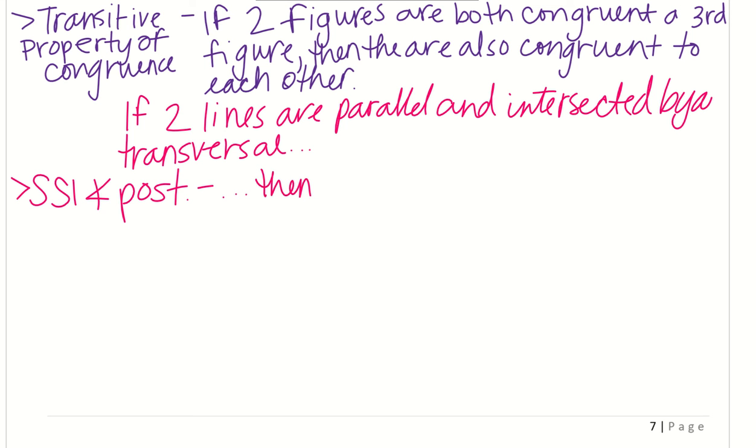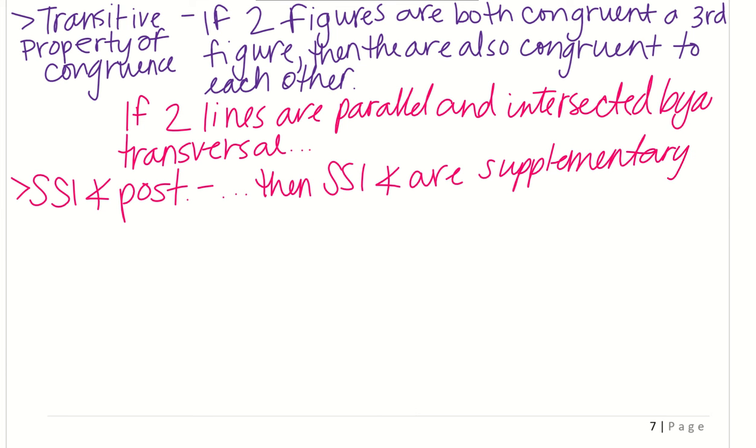Then, remember, same side interior angles are supplementary. Which I know we know from the definition and from just naming them on the notes from Tuesday, but we have to have it in a formal postulate to be able to use it in a proof. So that's the SSI angle postulate.